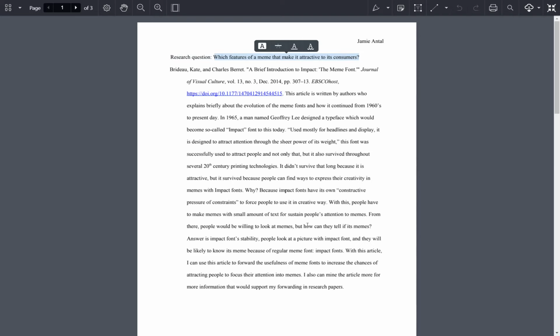Who are you pointing out features of memes to? And why would they be interested in why it's attractive to its consumers? So something to consider. I don't really see the audience that this research question is being asked to. So keeping that in mind, let's take a look at your annotations.